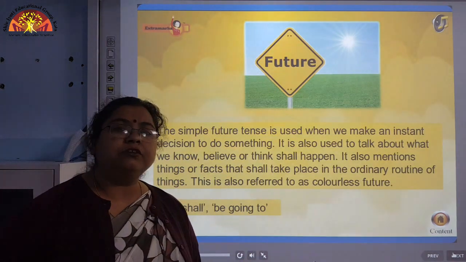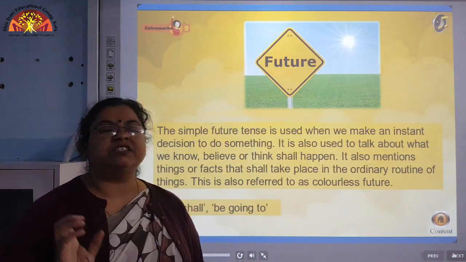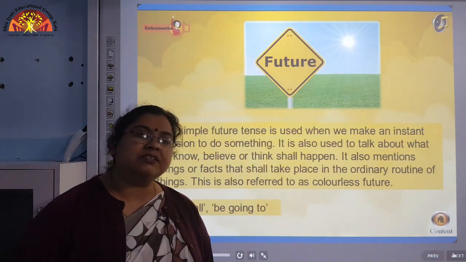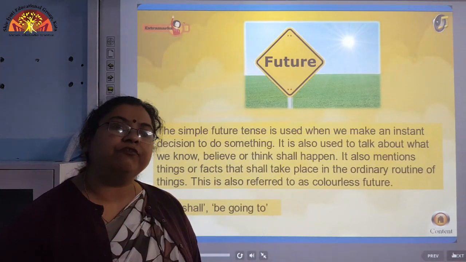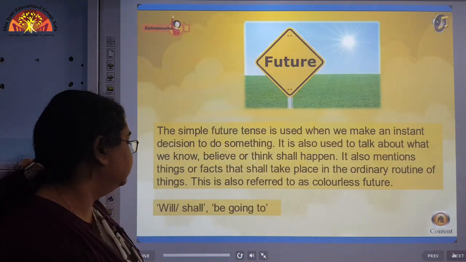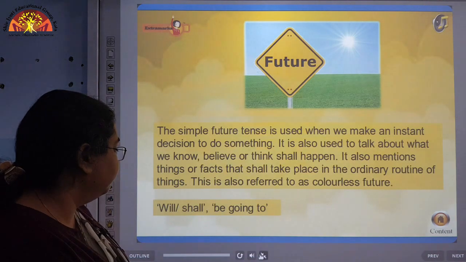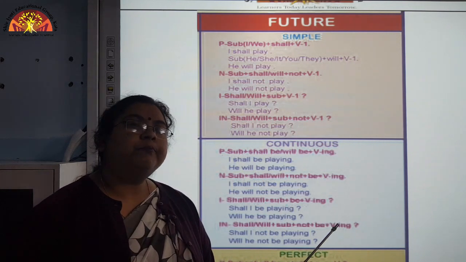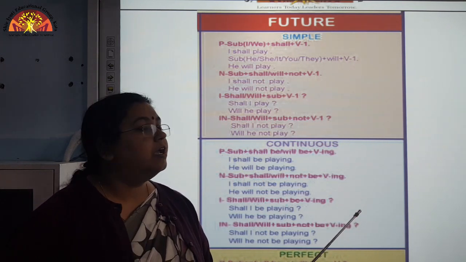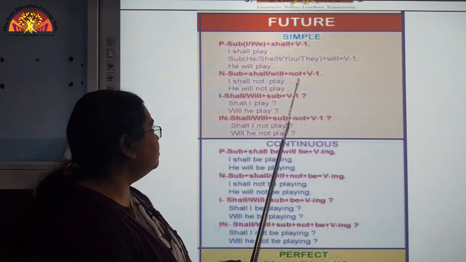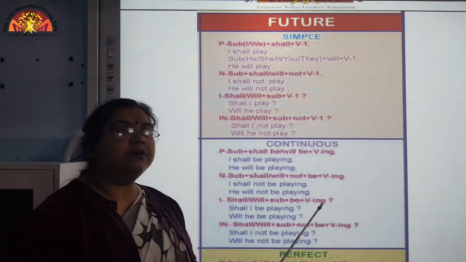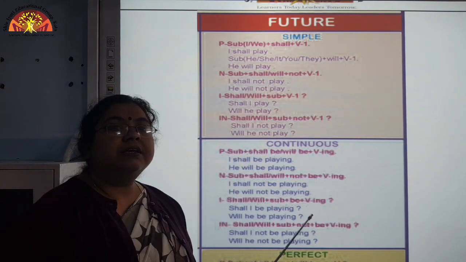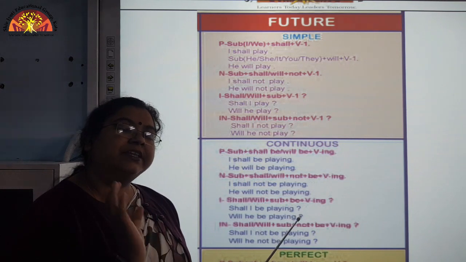Now, let us look at the structural aspect of the sentences with which we will go ahead to discuss how to frame the sentences under future tense. So let us discuss first of all a positive sentence in simple future tense. The positive sentence will be framed like this: subject, that means here the subject is specifically the first person.